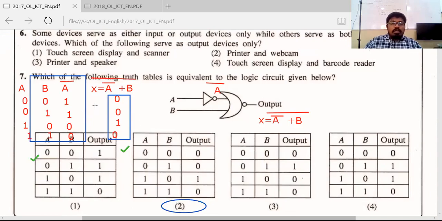Draw this truth table in your exercise book. Also mark this A bar here, A bar plus B holding bar, everything in your past paper book. Right? Write down.